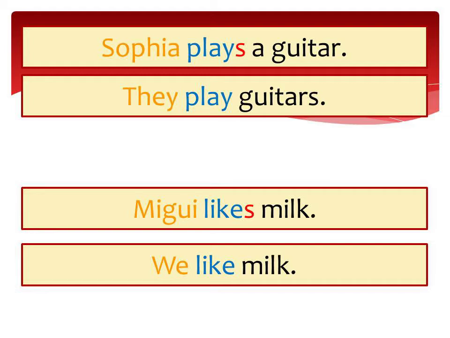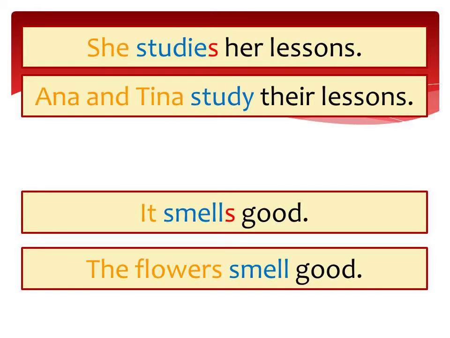Next, Miggy likes milk. And we like milk. She studies her lessons. Then, Anna and Tina study their lessons.